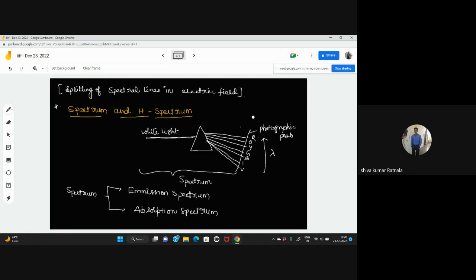The study of how an individual atom or molecule behaves in the spectrum is spectroscopy, the study related to the spectrum of atoms and molecules.